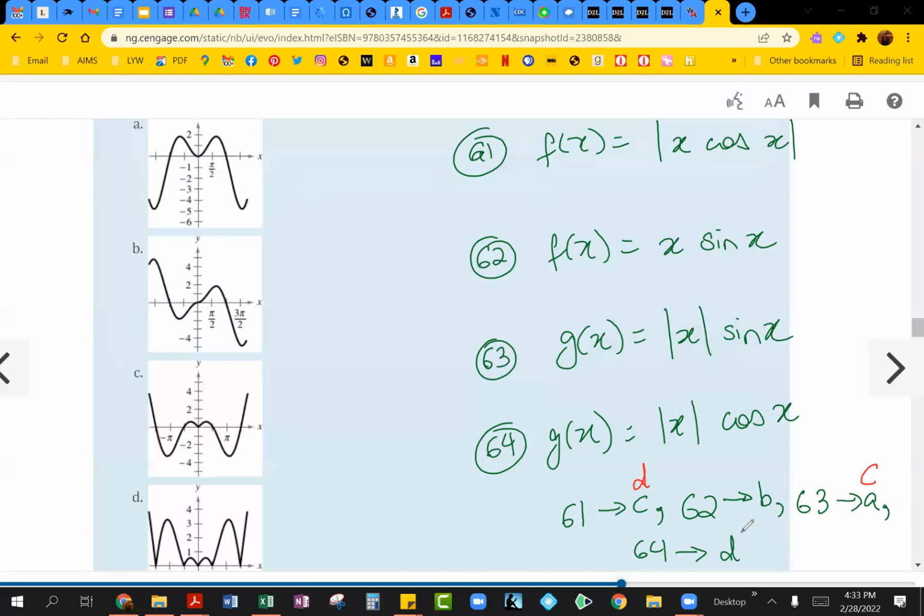Okay, Lucy, so it looks like you're actually using your B twice for 62 and 64. And then Darren, you have A. So D, B, C, and A. Okay, I see that.